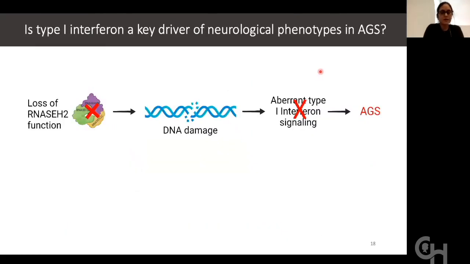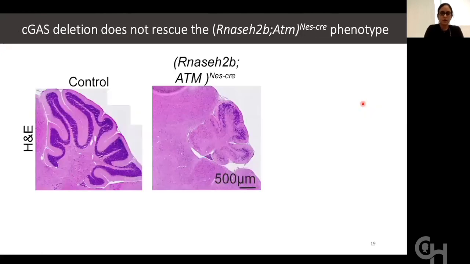Next we asked if type 1 interferon signaling is responsible for AGS pathogenesis. We decided to inhibit type 1 interferon signaling by inactivating one of its components. We asked, if we inhibit type 1 interferon signaling in addition to RNase H2, would it rescue the phenotype? Here I'm showing you again the cerebellar images from control and RNase ATM double knockout mouse.